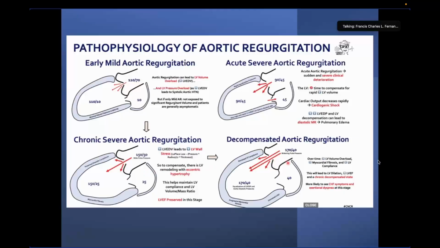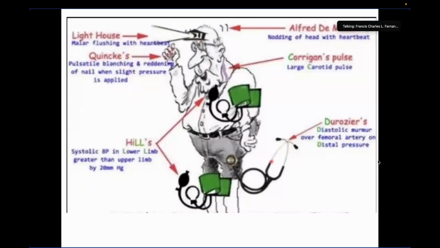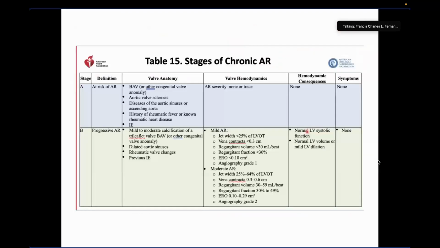So this is dynamic. It can go to and from. Ultimately, it has to be corrected. So these are physical exams, the lighthouse sign, malar flushing, Quincke's sign, Hill's sign, Musset's, Corrigan's, Rosenbach's. So I leave it up to you to review these peripheral signs.